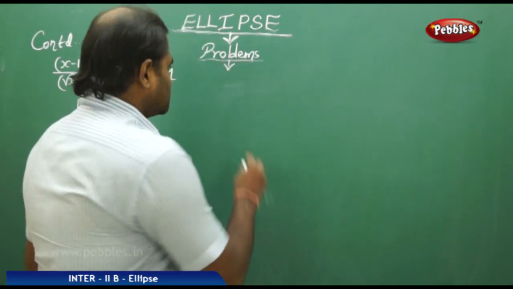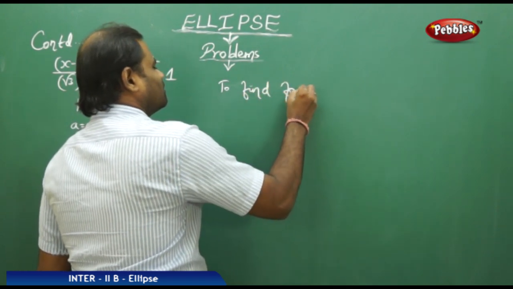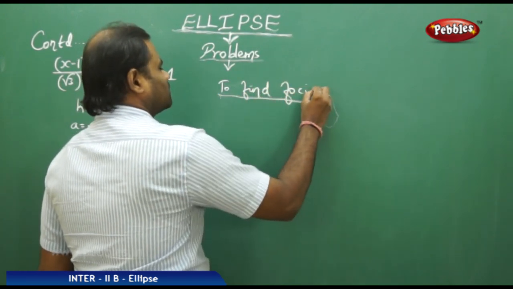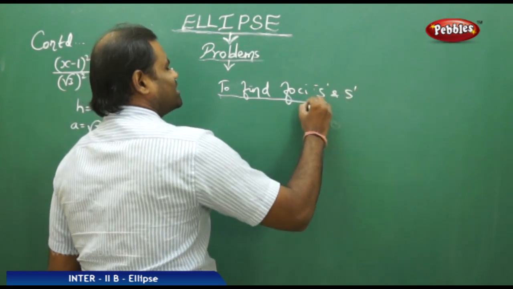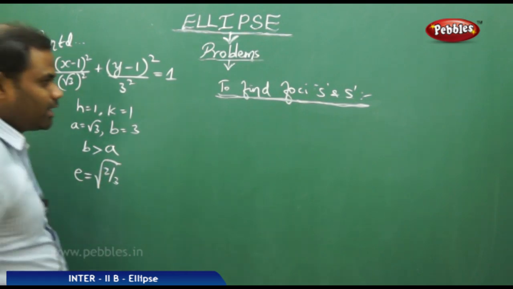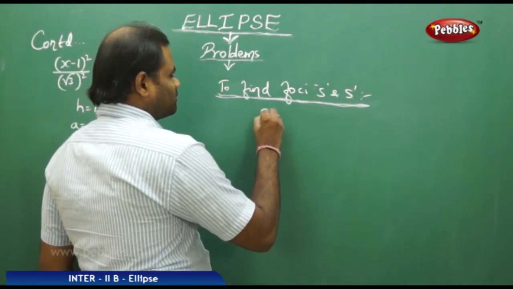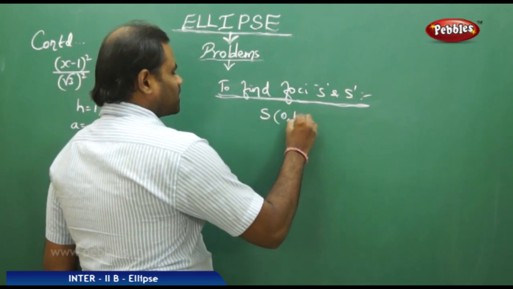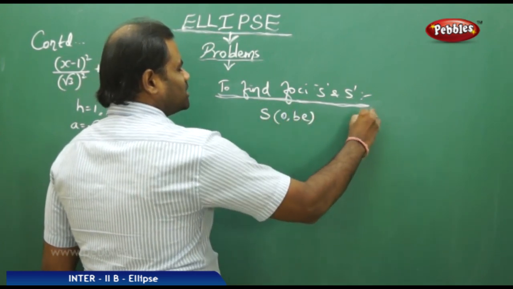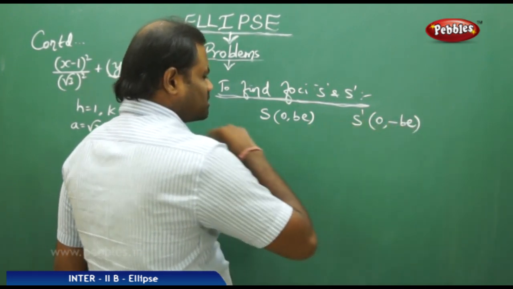Now next is to find the foci S and S dash. So we know that for a less than b, or b greater than a, the foci are S, which is given by (0, be), and S dash, which is given by (0, minus be).